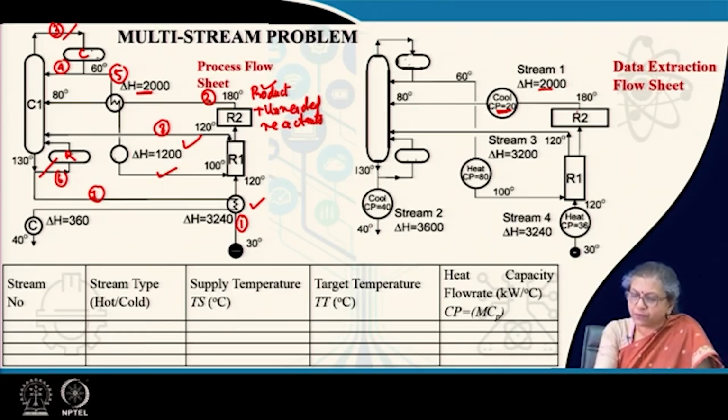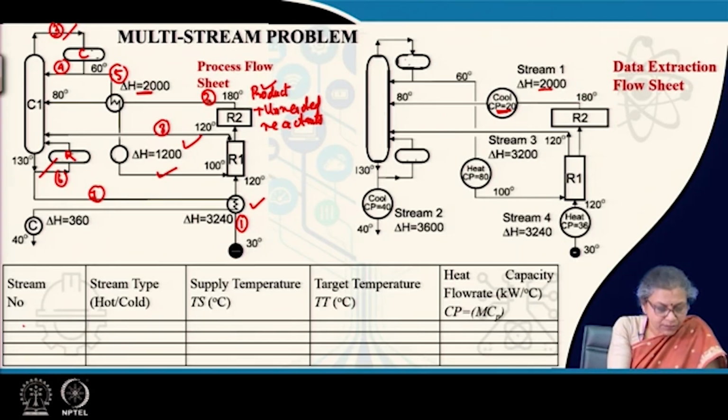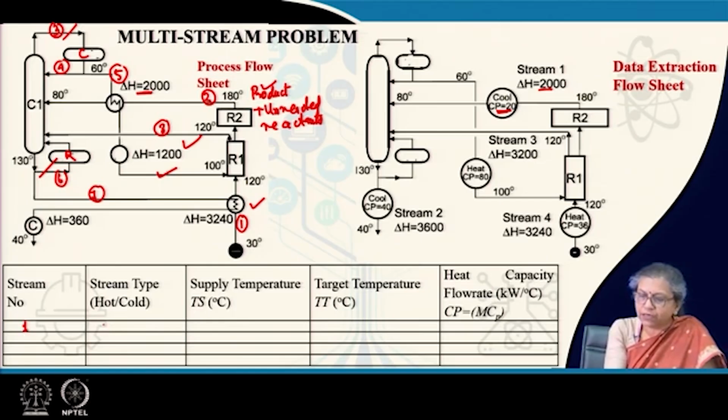First stream is the product from the R2, which changes its temperature from 180 degrees to 80 degrees. So, therefore, stream number 1 is definitely going to be a hot stream, correct, and this temperature is going to change from 180 degree centigrade to 80 degree centigrade.